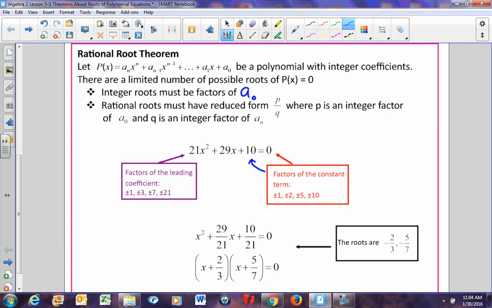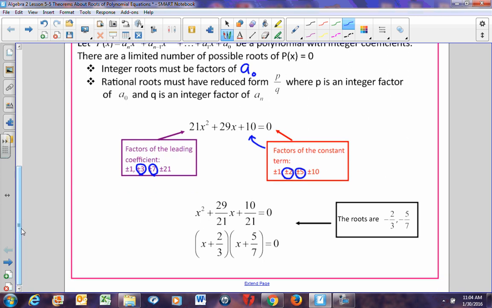If we actually could factor that, I can, but you guys probably don't know how to factor it as well as I do. If I factor it, I get x plus 2/3, x plus 5/7 equals 0, which means the roots are negative 2/3 and negative 5/7. If you'll notice, that comes from negative 2 over 3, and 5 over 7. It comes from the factors of the constant term over the factors of the leading coefficient, which is what the rational root theorem is talking about.